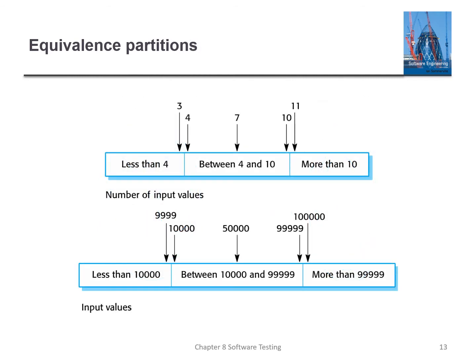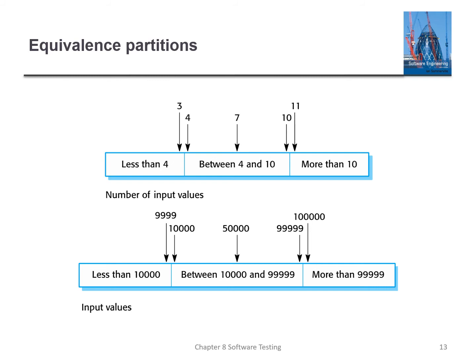Equivalent partition can also be seen like this. Let's say you want to test the age of the students, for example. Anything between 4 and 10, choose one data. Anything more than 10, choose one data.